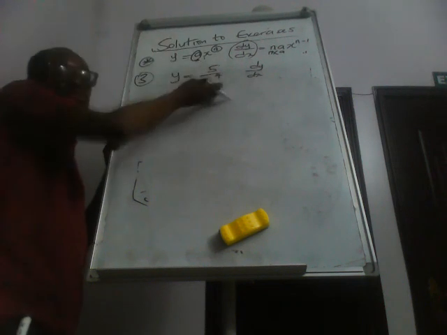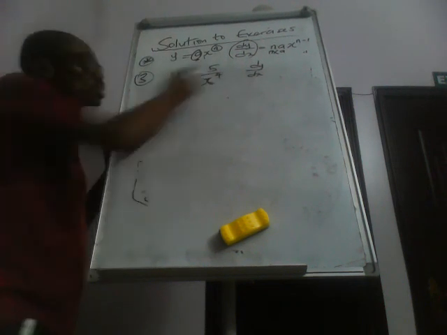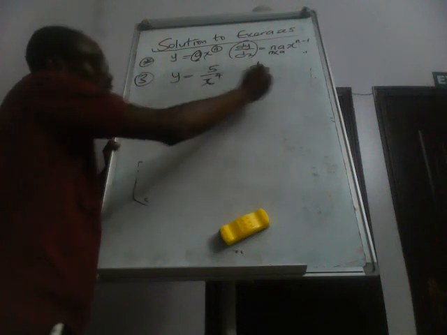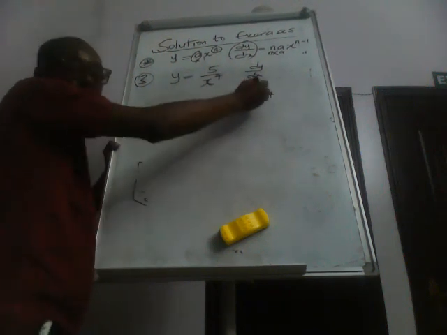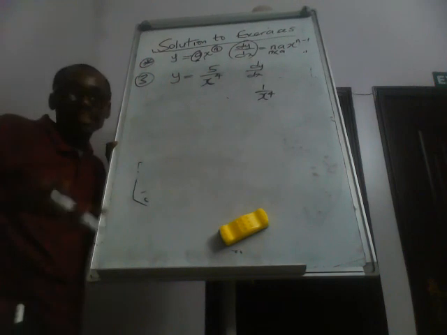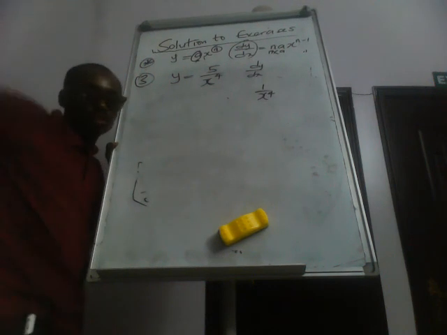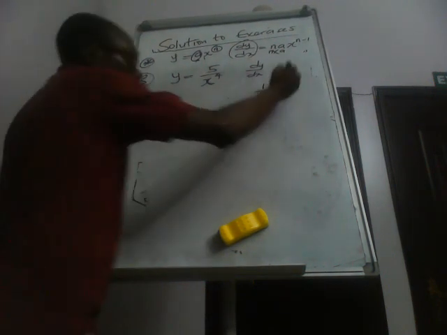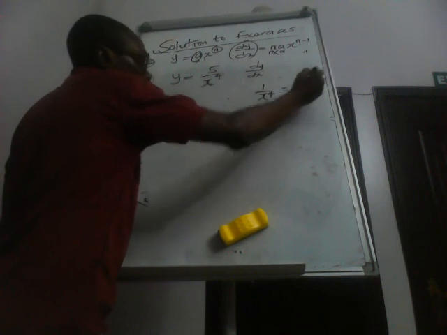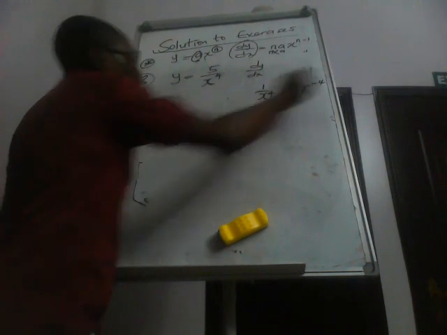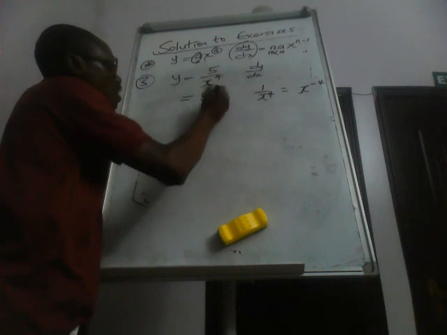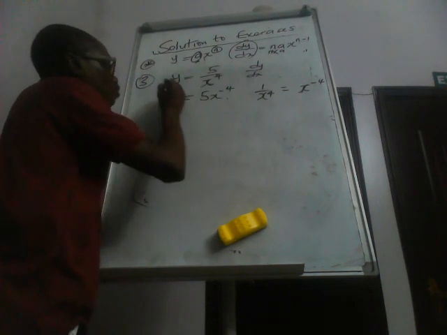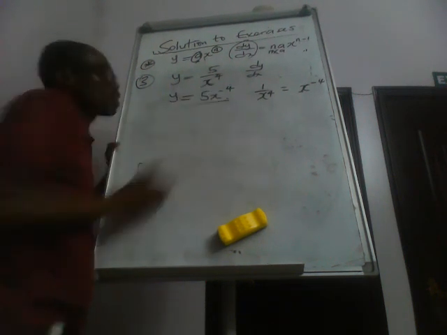The x is below, so the x has to come to the top. So still apply the law of indices. When you have a variable raised to a positive power in the denominator, to take it to the numerator, the top, the power becomes minus 4. So this can be written as 5x raised to power minus 4. So y is equals to 5x raised to power minus 4.